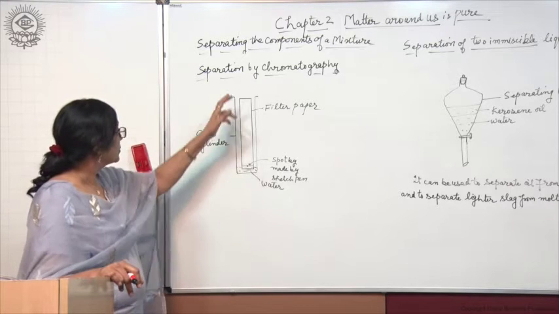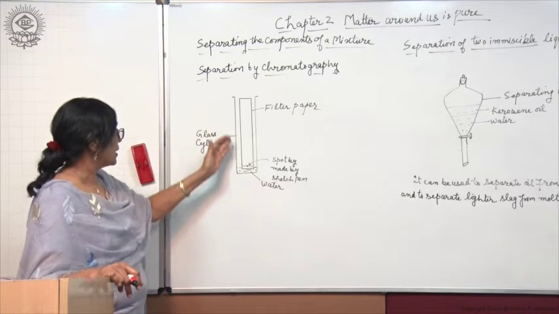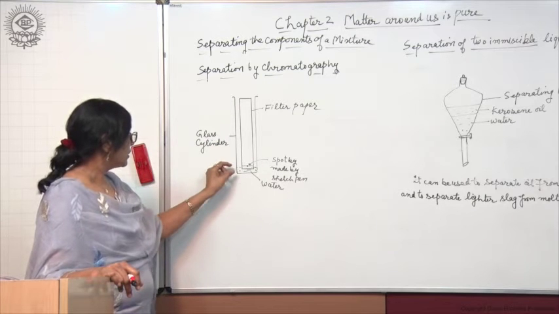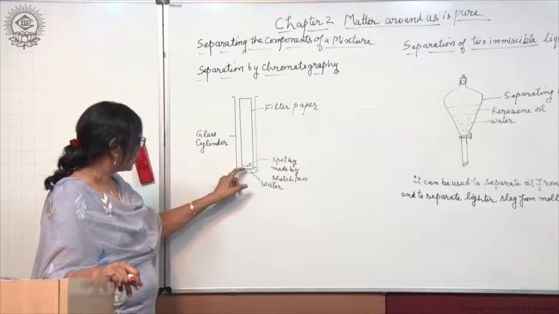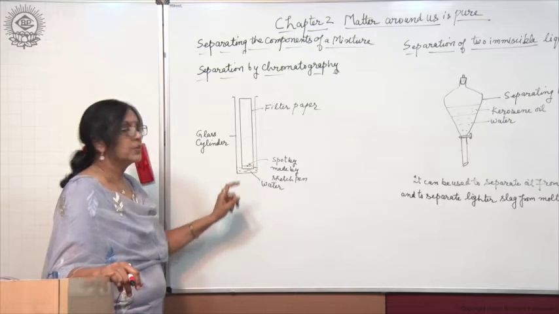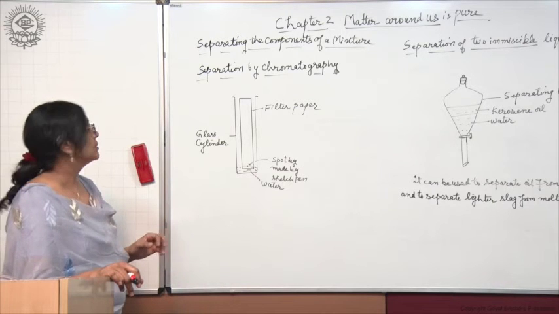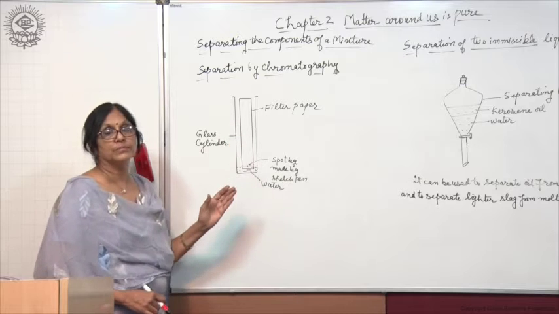The filter paper is then clamped and suspended inside the cylinder filled with a little water, so that the lower end dips in water, and then kept for some time. After some time you will see that water starts rising up.